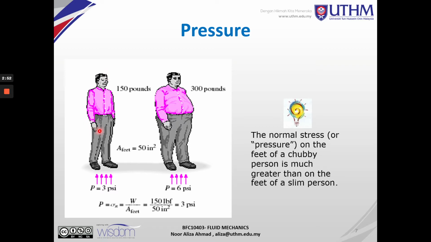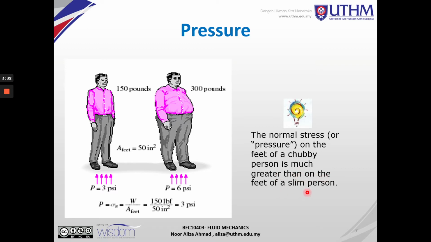For the first person, with a weight of 150 pounds divided by the area, we get 3 psi. The psi is a USA unit, but in our fluid mechanics chapter we use the SI unit. For the other person, we get a pressure of 6 psi.